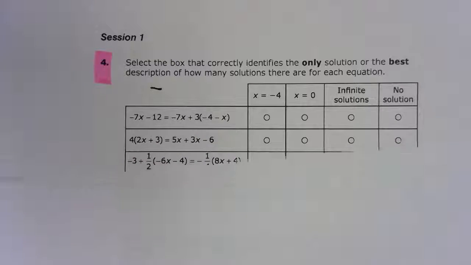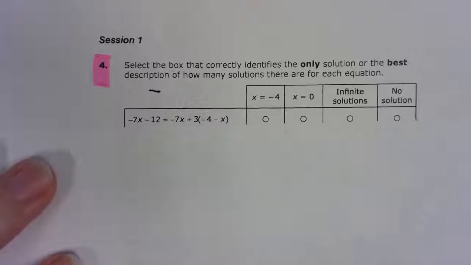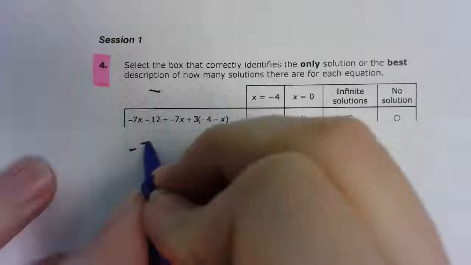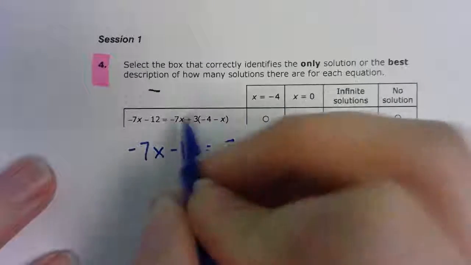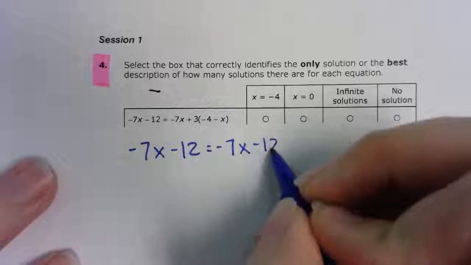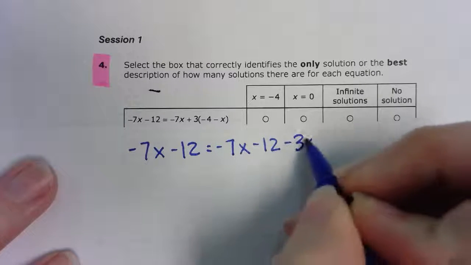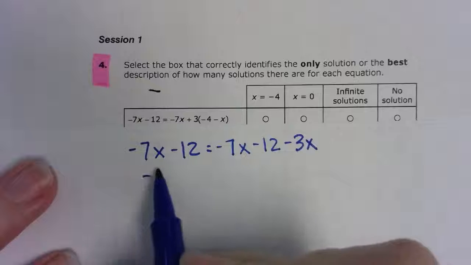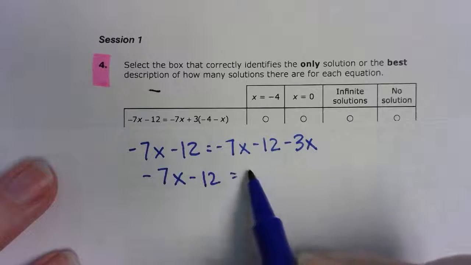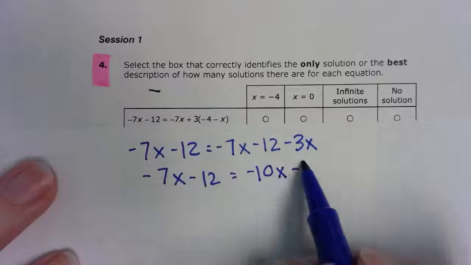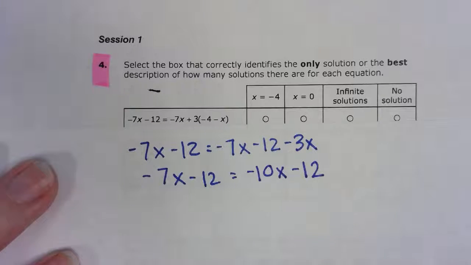If I were to solve this first one, I have negative 7x minus 12 equals negative 7x minus 12 minus 3x, which means that my x's are going to have different coefficients, because negative 7 minus 3 is negative 10x minus 12, which means it's going to have one solution.